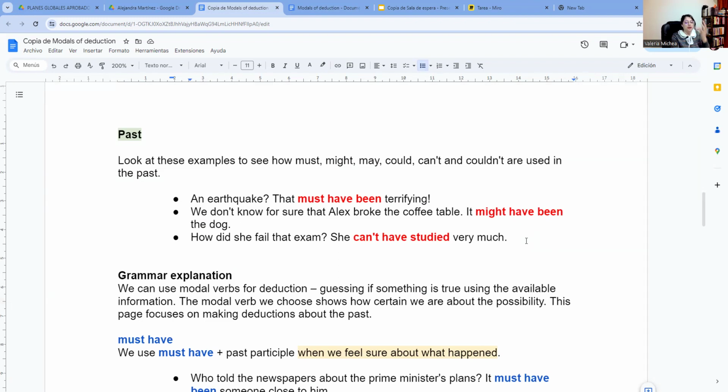Second thing, learn the meaning of each modal verb, the degree of possibility. Learn that should is for regrets, not for possibility, those kinds of things. Third step, learn to use them. Okay, create your own examples, have conversations, write something about modals of deduction, use them in your daily life. So again, little steps. You have to decide where you are.